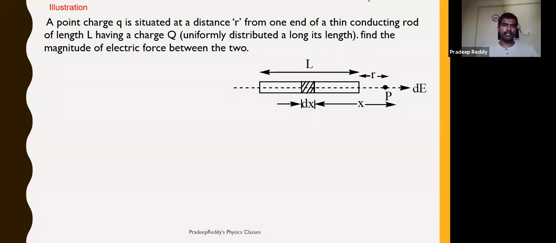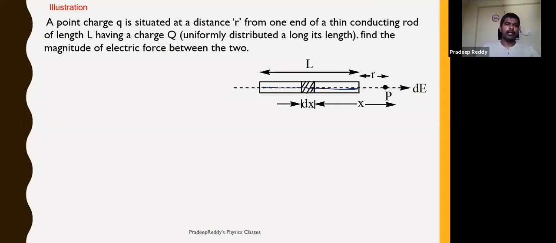So listen carefully. This is one of the important problems where we will be using the extended charge concept. As we know, charge can reside on a conductor, and here it is distributed along the length.